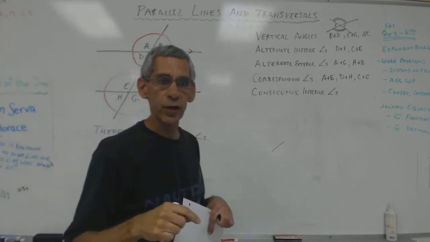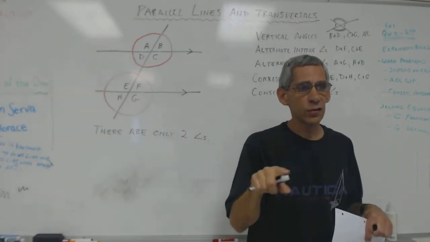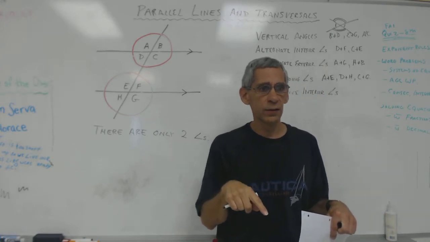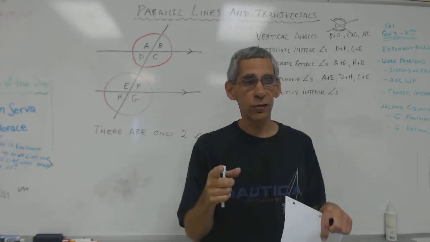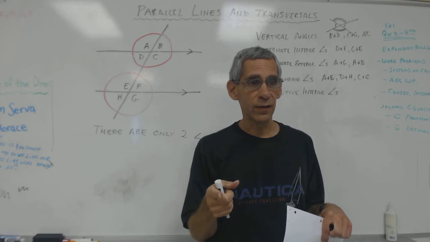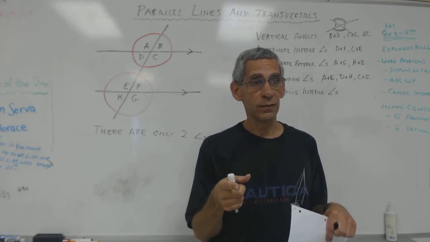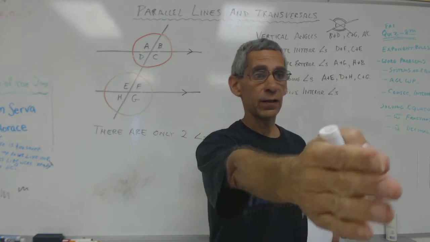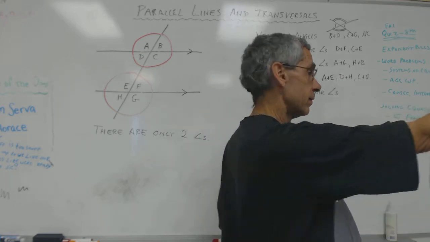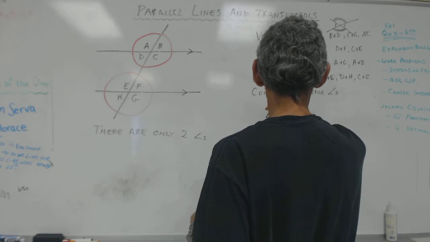Have you ever heard the expression, turn in a circle 360 degrees? Right? That's half of a straight line. Here's my line, that's half of a circle, right? That is 180 degrees.